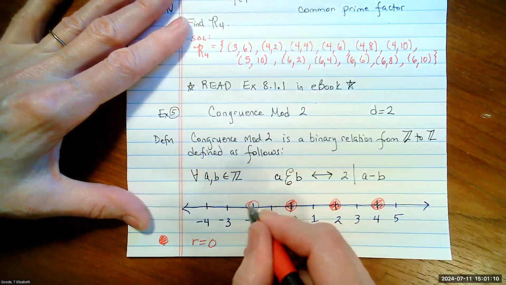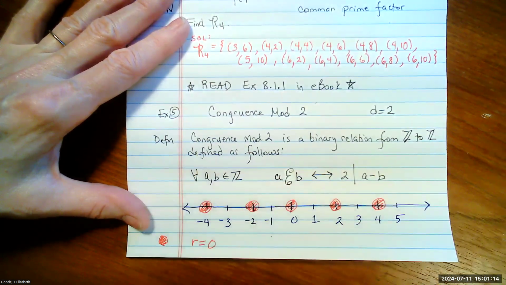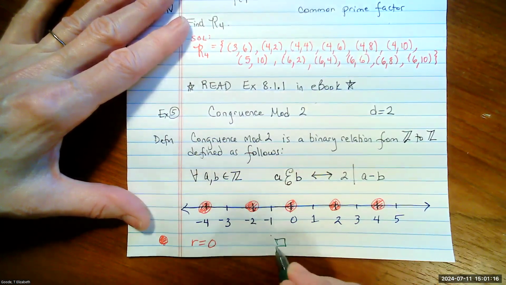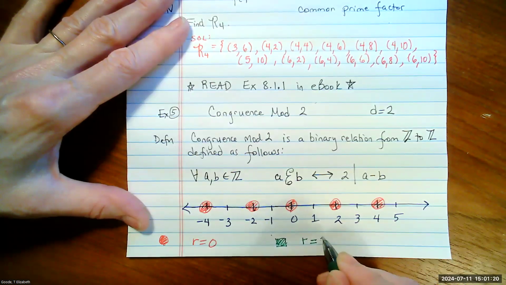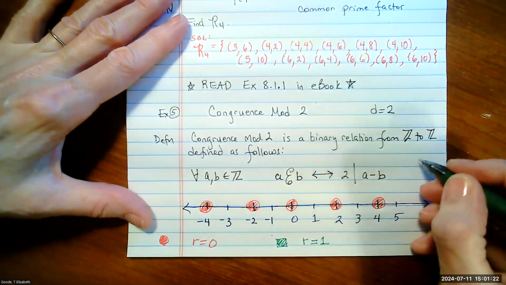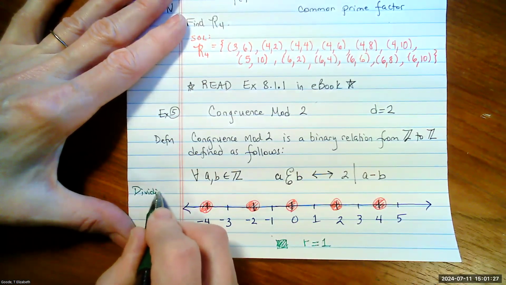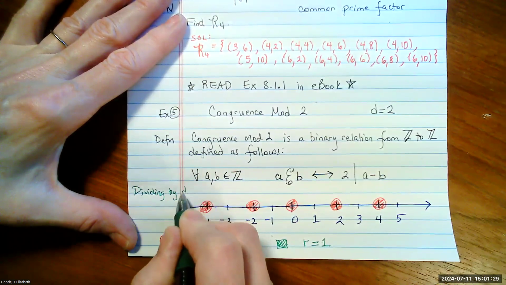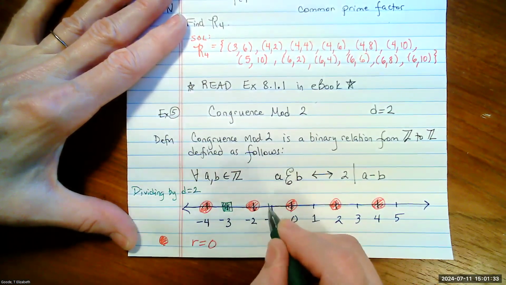And it's every other integer, of course. It's all the evens. And then we can make a green square for the remainder being 1. We're dividing by 2. So the odds all yield that remainder of 1, right?